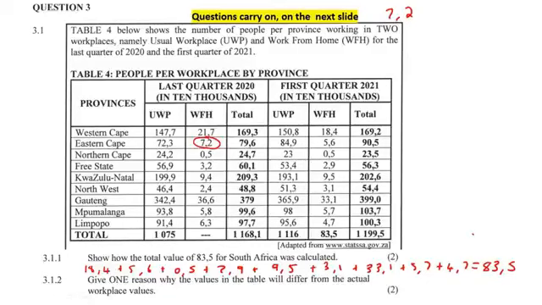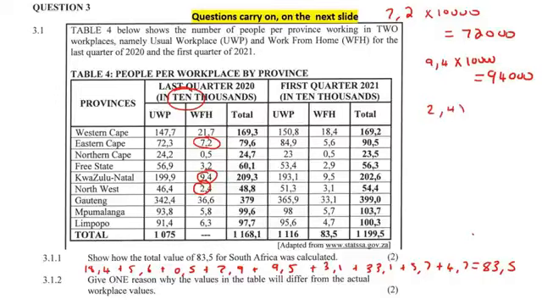So if you had to work that out in 10,000s, you would say 7.2 times 10,000, and that's going to give you 72,000. Okay. If you take, for example, this one over here, 9.4 multiplied by 10,000, that's going to give you 94,000. But now that's a bit weird. Let's say, for example, this one, 2.4 multiplied by 10,000 is going to be 24,000.